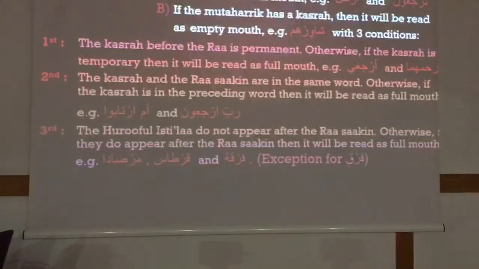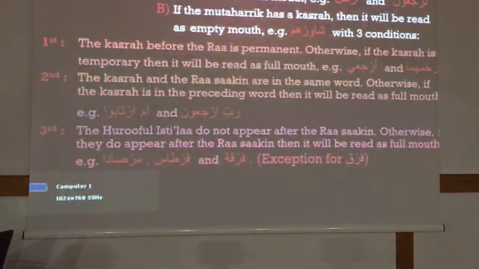Now what was the huruful isti'la? They are also known as the full mouth letters. Kha, khussa, daghtin, qid. These are the full mouth letters, the huruful isti'la. Okay, so let's look at the word shawirhum. After the wir, what's the next letter? Ha. Is ha a full mouth letter? It's an empty mouth letter.